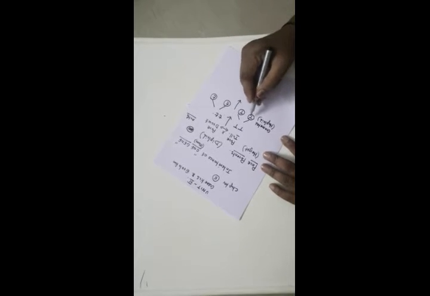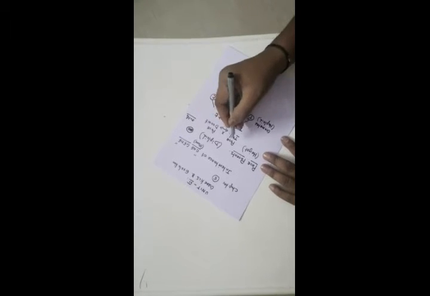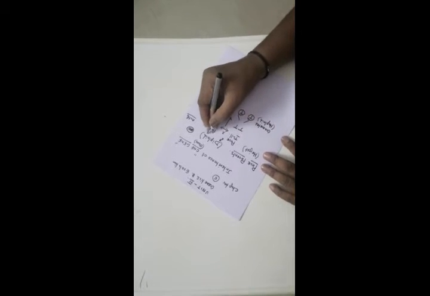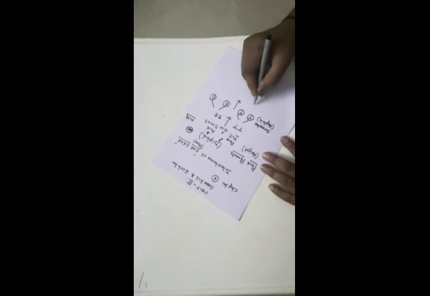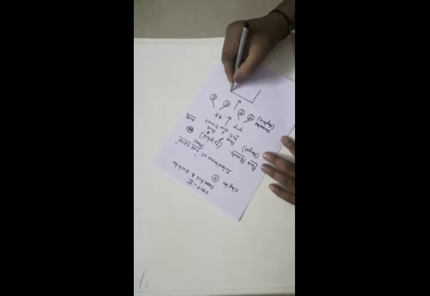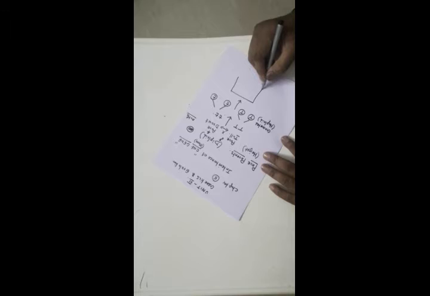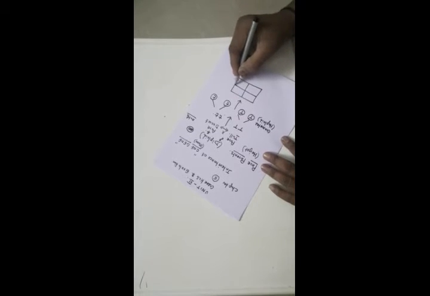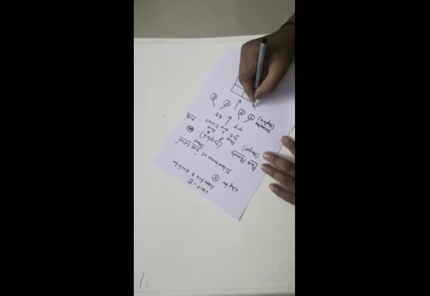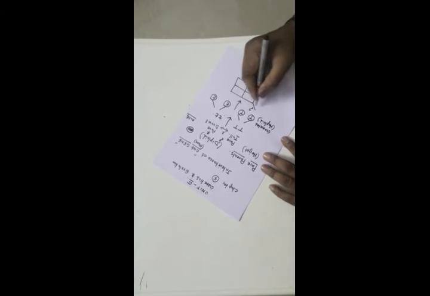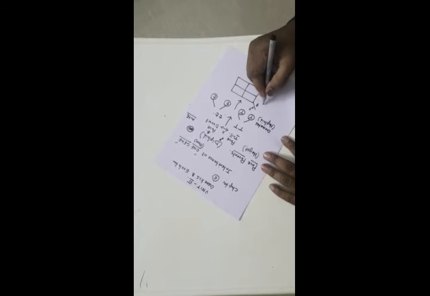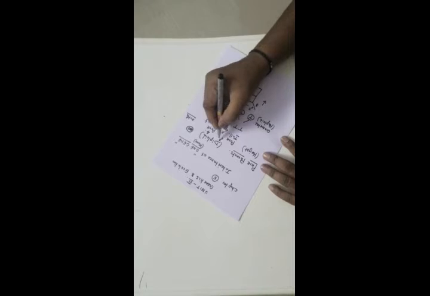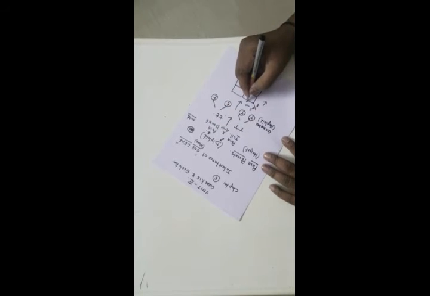Then this may be a male, this may be a female, or this may be a male, or this may be a female. So I will take it male, female. And how the cross is made, this was called Punnett square. Punnett discovered this. You make a cross here, say for example male on this side, female on this side. So male, how many gametes?